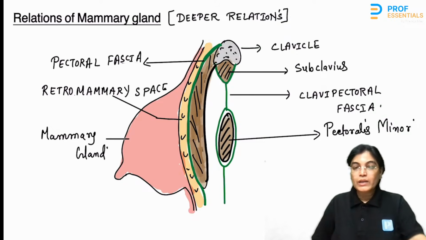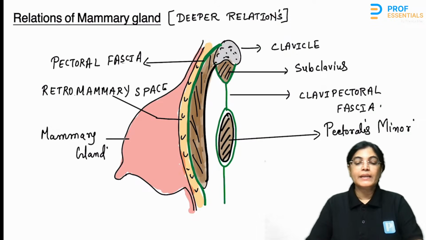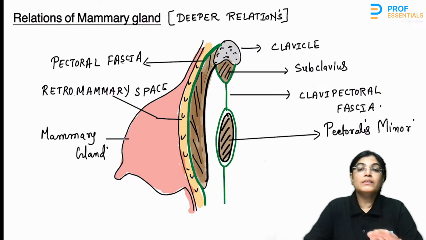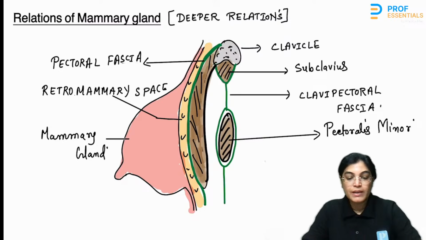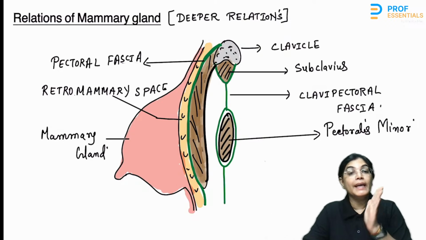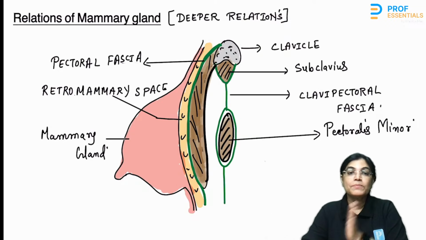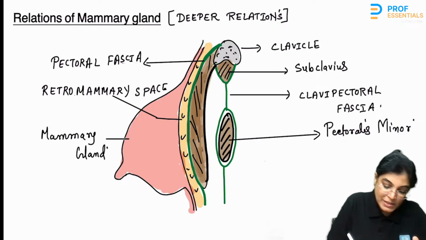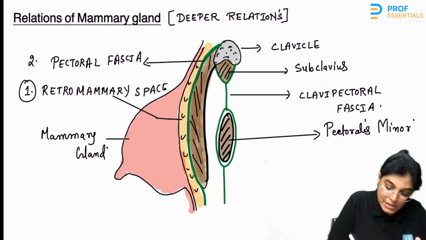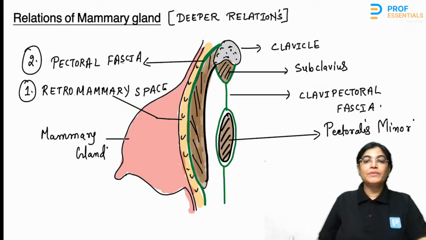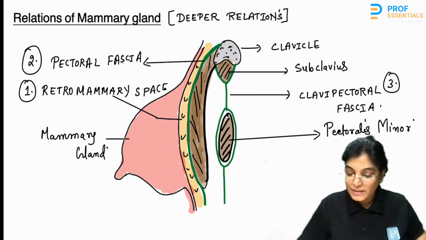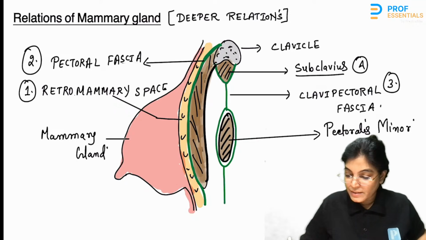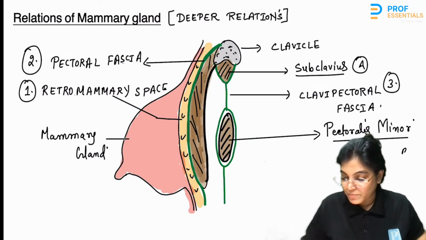Okay, so now in this diagram, we can clearly see that the mammary gland is related to the deeper aspect. Just deep to the mammary gland is the retromammary space, which is seen here. We can also see the pectoral fascia, and the clavipectoral fascia containing two muscles, the subclavius muscle and the pectoralis minor muscle.